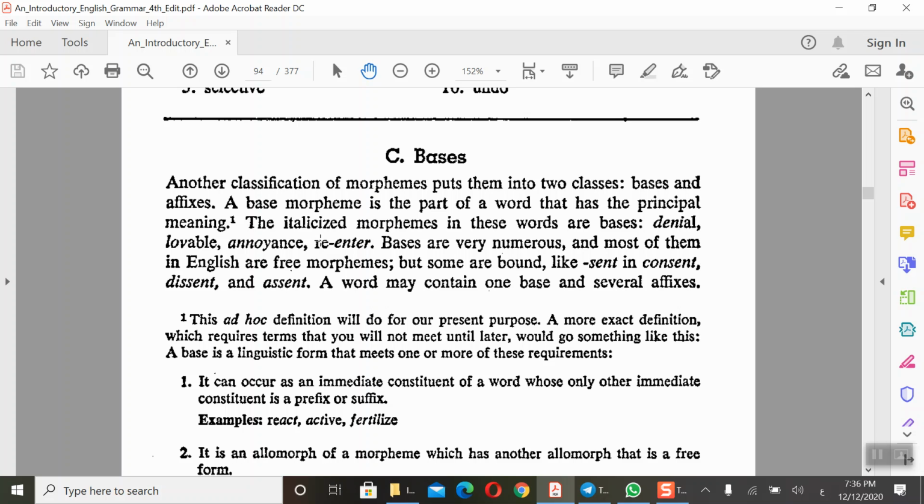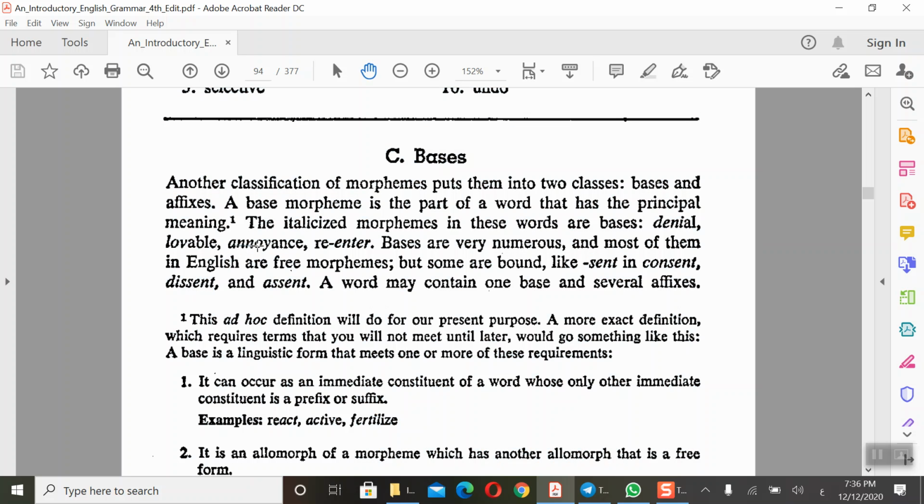Here you can see the italicized morphemes in these words are bases. Denial, see here? Deny. This is what? Base. Lovable. Italicized means مائل. Love. You see here? Love is base.